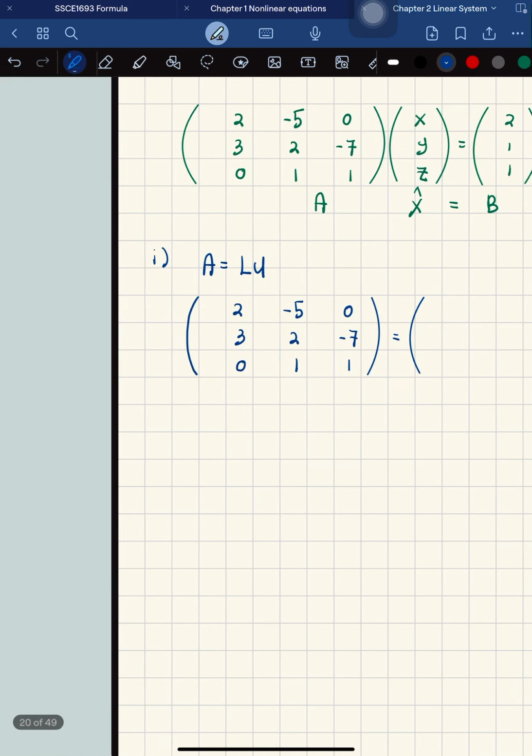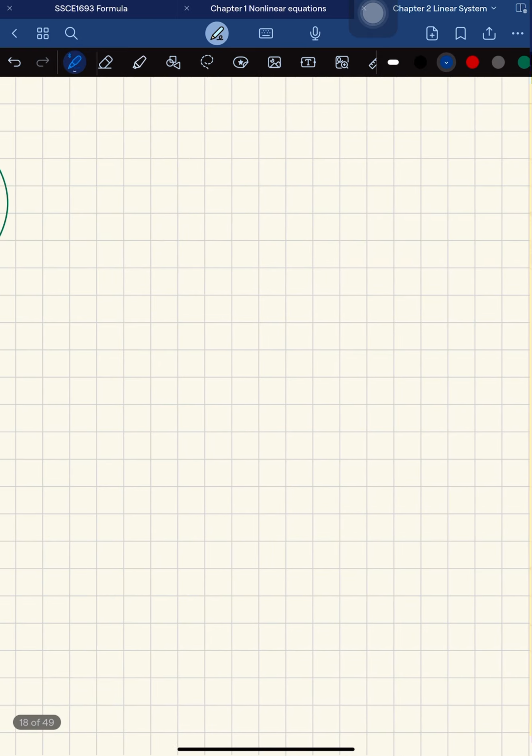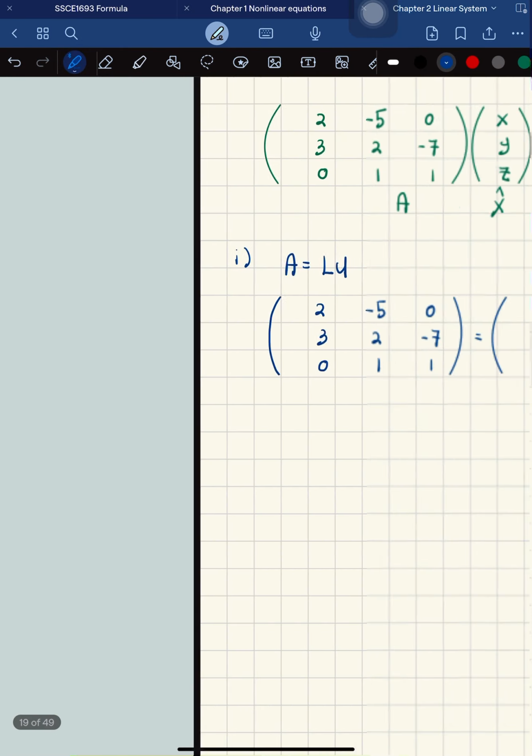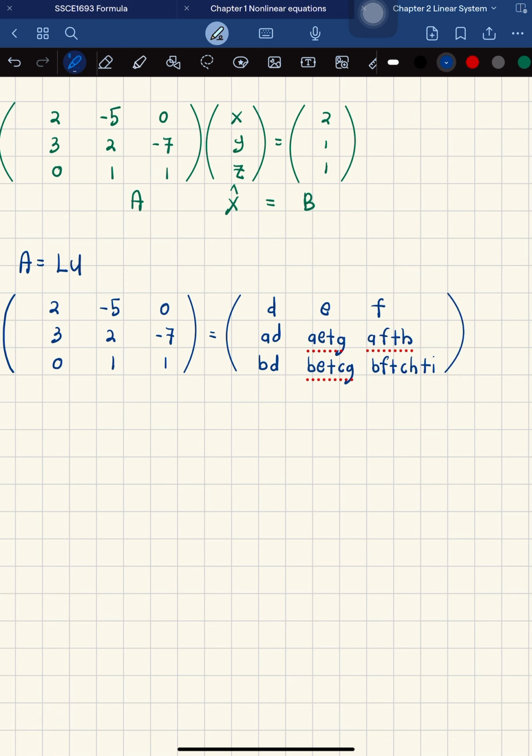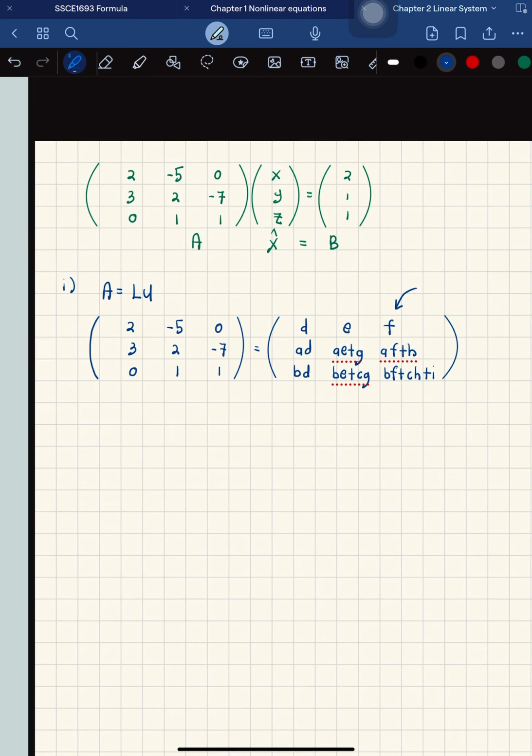Just now we already multiplied the two matrices of LU, D, E, F. Actually, if you want this equation, I think you don't have to memorize it.